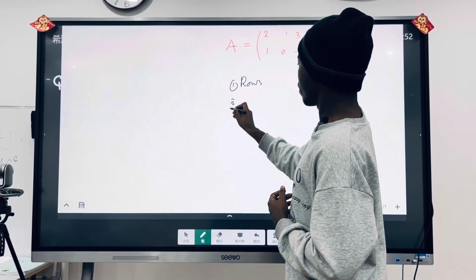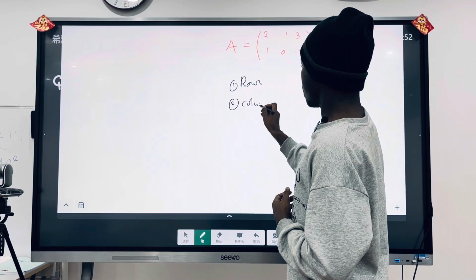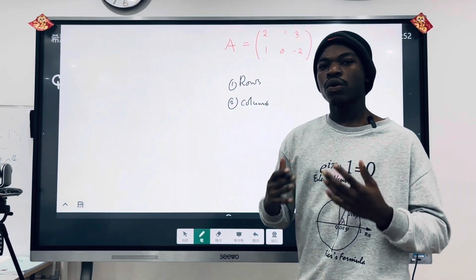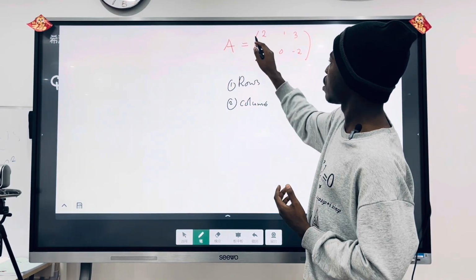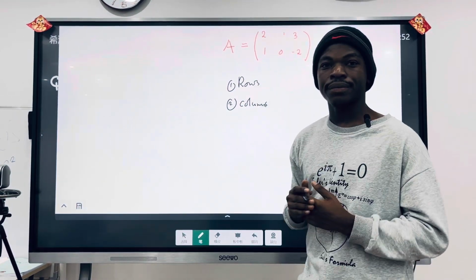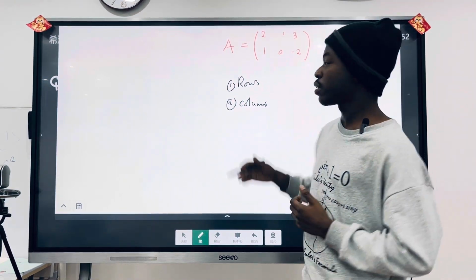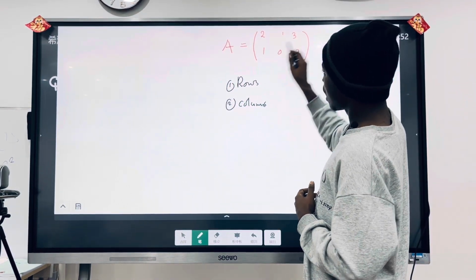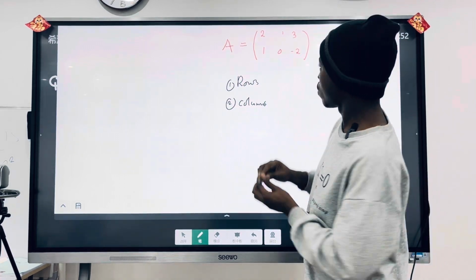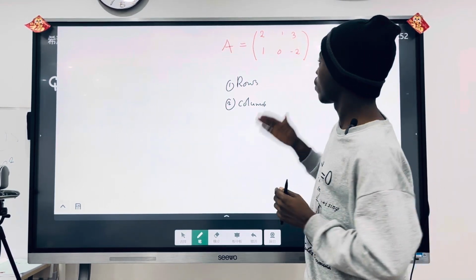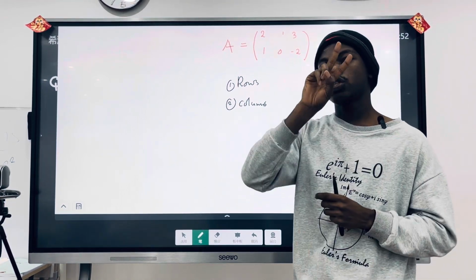Number two, we have something called columns. So rows are horizontal, columns are vertical. So these which run horizontally are called rows. So we have one row and another row there. So for matrix A, we can conclude here and say it has two rows.